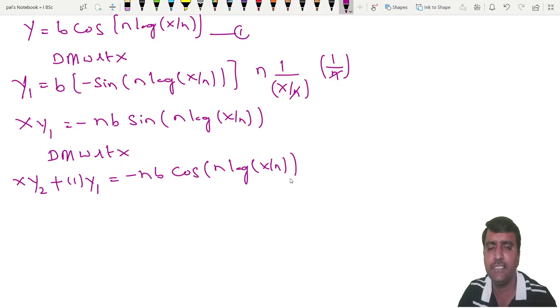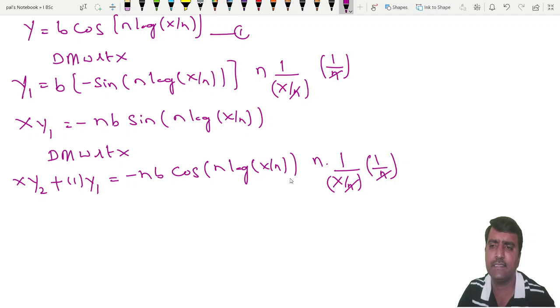Again the differentiation of n log of x by n: n is a constant, the differentiation of log is 1 by x by n as in the previous step, and the differentiation of x by n is 1 by n. Now this n and n cancel, and x remains in the denominator.